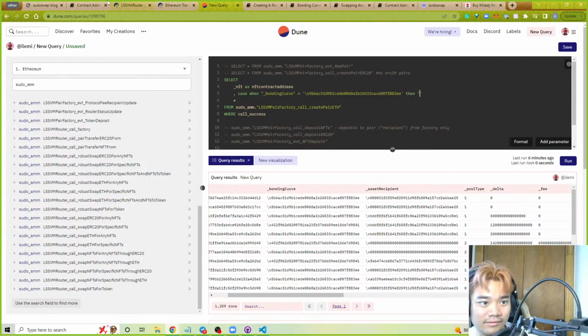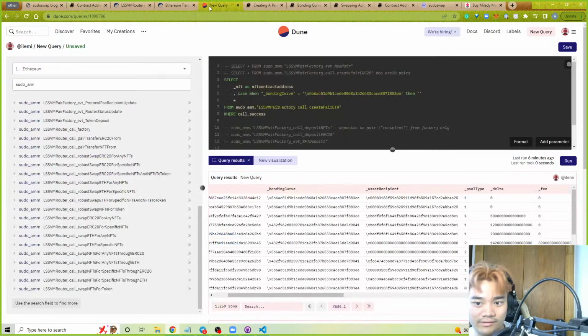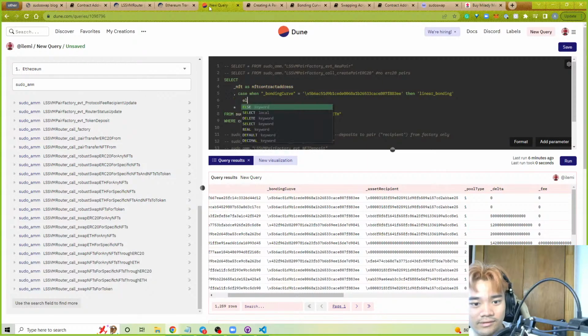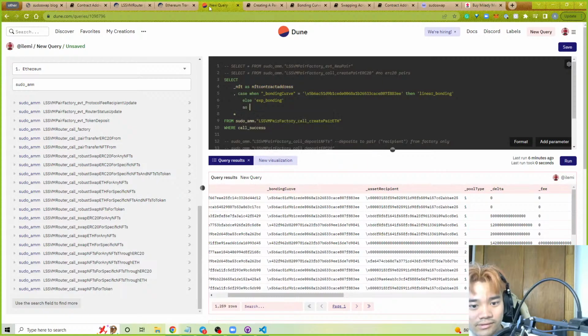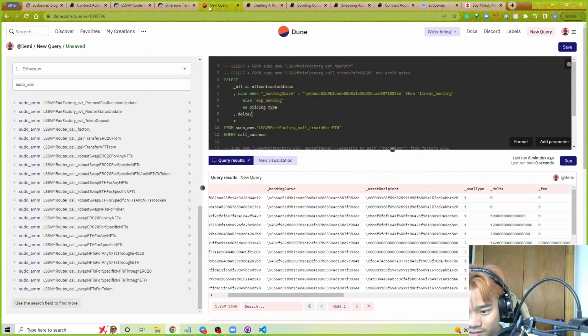Then linear bonding, else exponential bonding as pricing type. We want delta divided by, oh, what do we think?